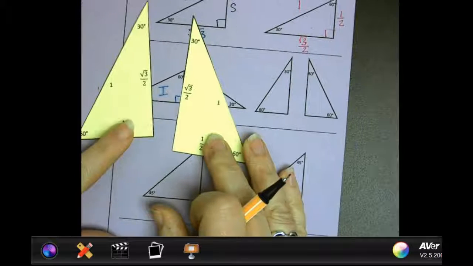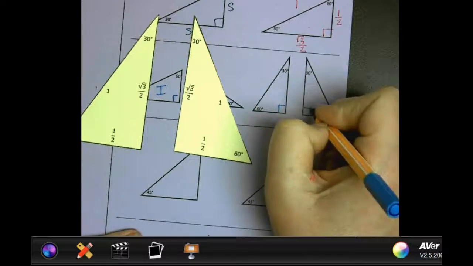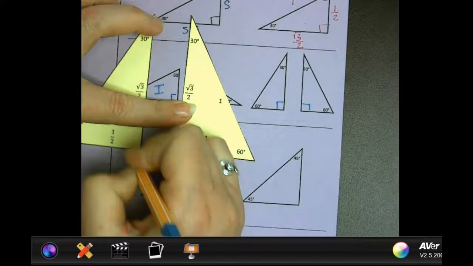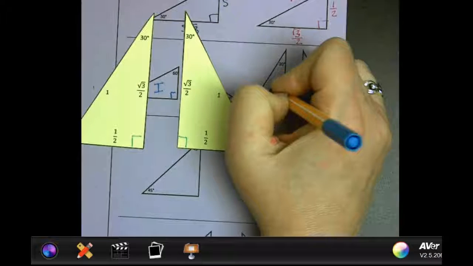Okay, so then we're going to move those and grab your 2 and make them look like these 2 at your right angles, and all 4 of those.